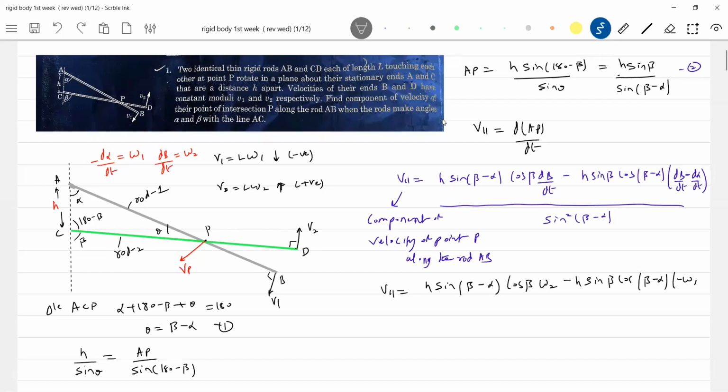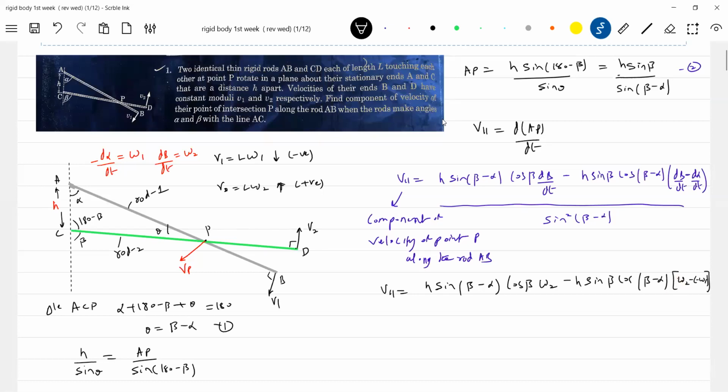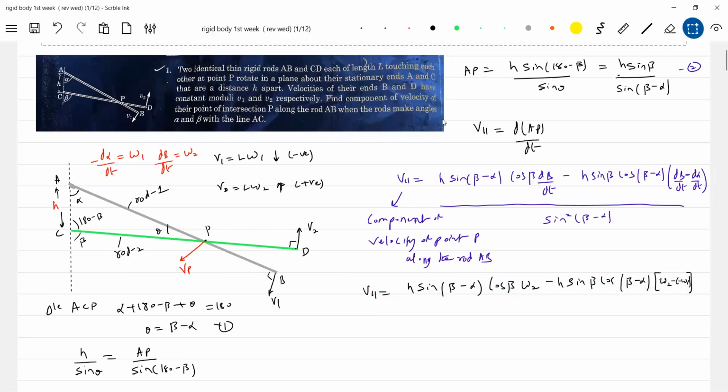Sorry, dβ/dt should be omega 2. Okay, no, I think the signs, let me adjust properly. This will be omega 2.